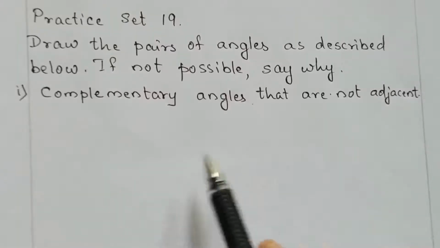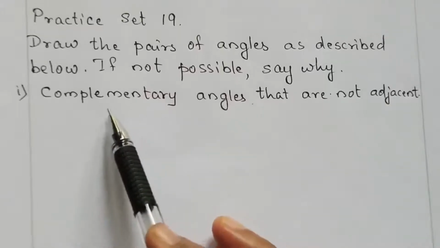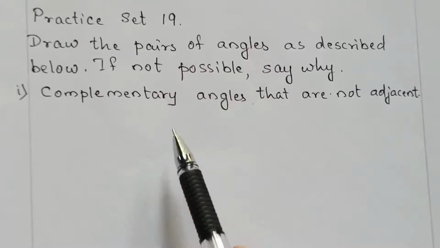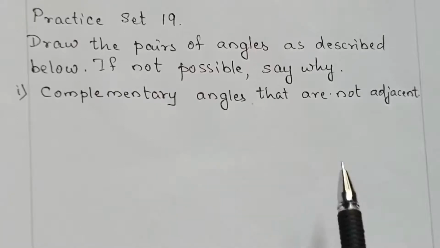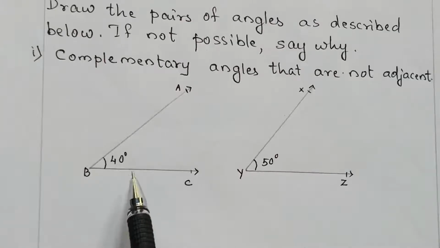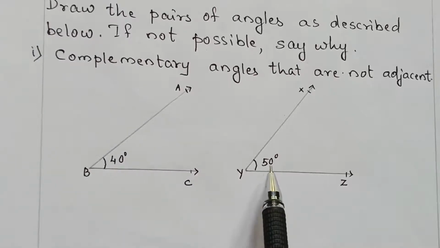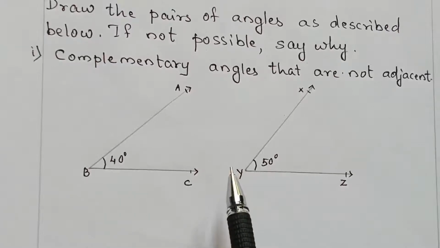So two different angles, and the sum of their measures should be 90 degrees because they are complementary angles. So you can draw any measure like 60 and 30, 50 and 40, or say 55 and 35. Here I have drawn two angles, one measuring 40 degree and another measuring 50 degree. They are not adjacent angles, but they are complementary angles.